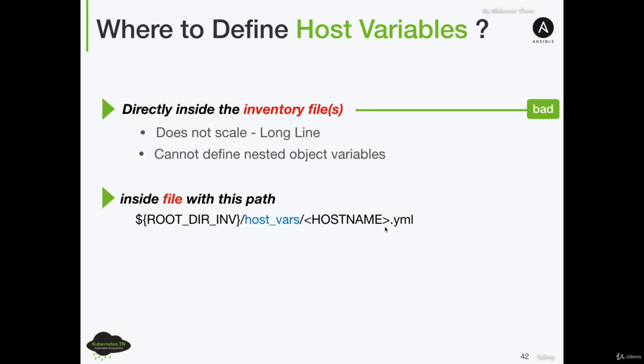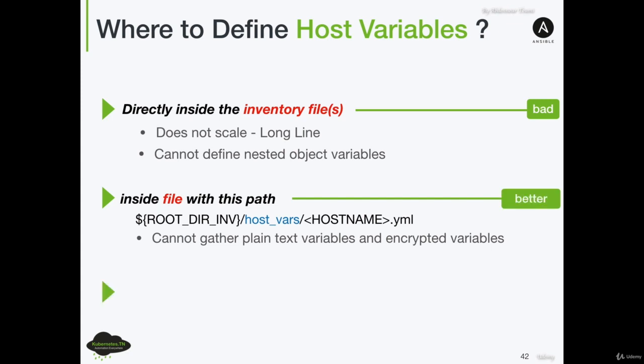And all variables defined inside this file will be assigned to that host by Ansible conventions. This is a good option, but it is not the best, as all variables must be inside the same file. This means I cannot divide my variables into encrypted and non-encrypted ones.